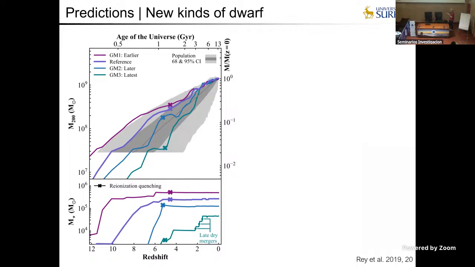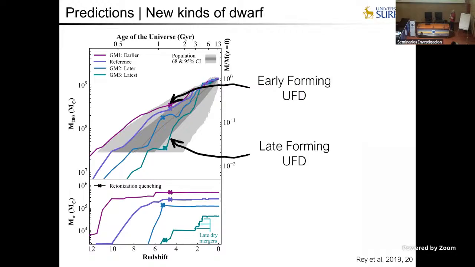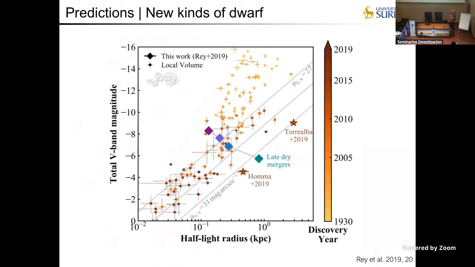And that makes it very much lower stellar mass, but it also gives it rather different observational properties. So this is an early forming ultra-faint dwarf, and this is a late forming UFD. And the late forming UFD, as a result of forming through these late dry mergers, ends up being very, very much puffier, much, much more extended, and much, much lower surface brightness.